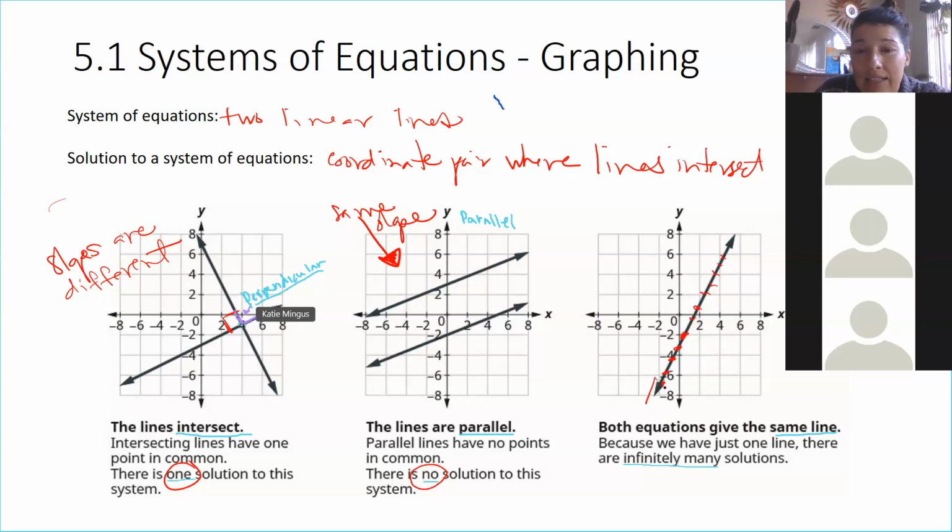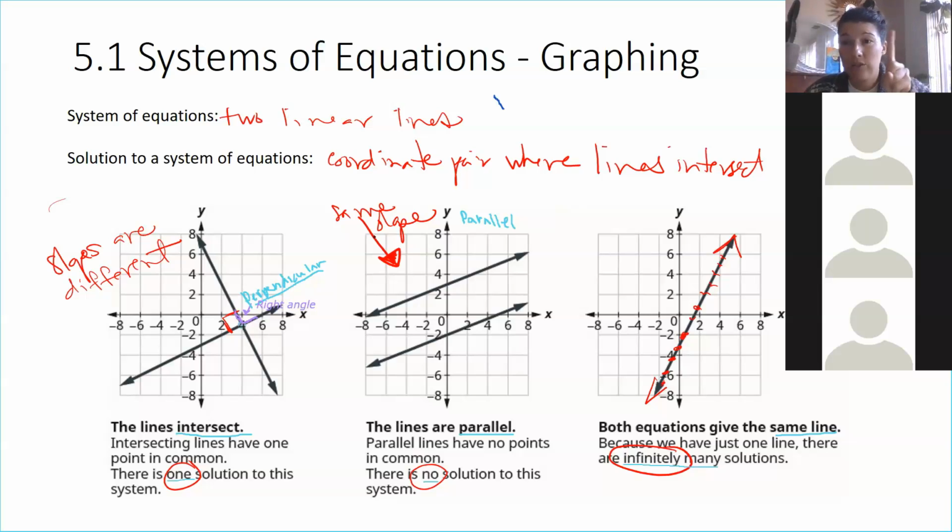And because the lines go on forever in both directions, because we know about these arrows, that means we have an infinite number of solutions.